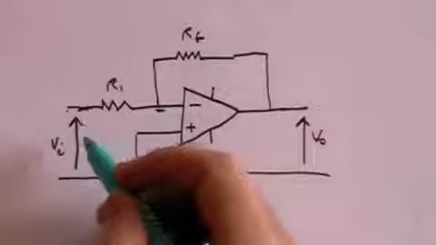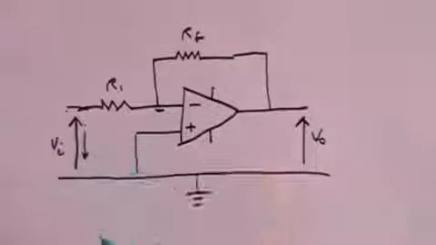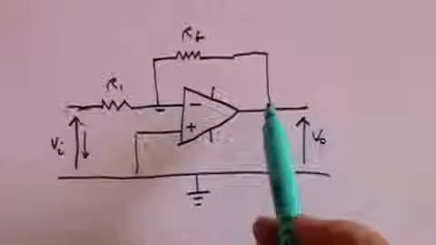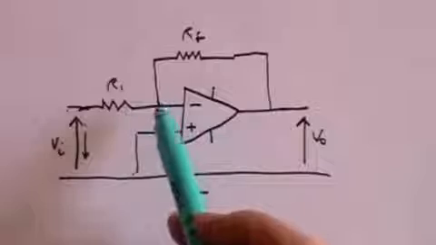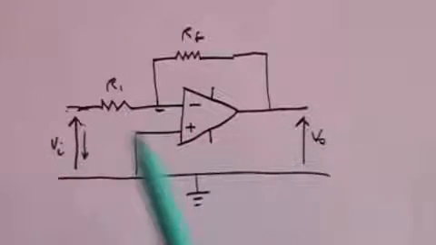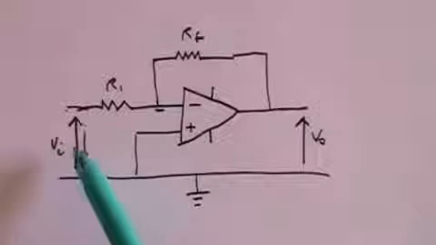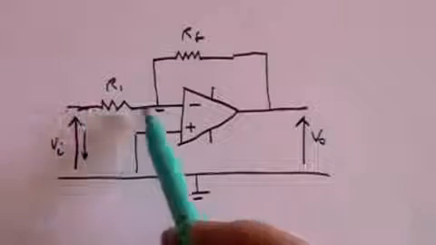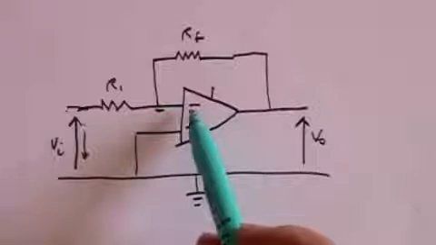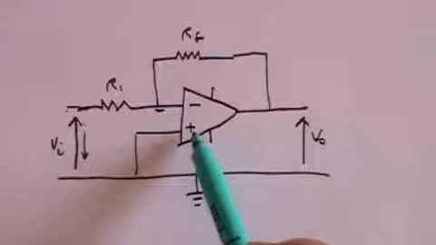If the input voltage is negative, in other words, the other way, then the current is going to flow this way. But look at the input voltages and the output voltages. Let's say the input voltage is positive. Well, that will mean that the voltage at this point, V minus, will be larger than V plus, because V plus is, remember, 0.